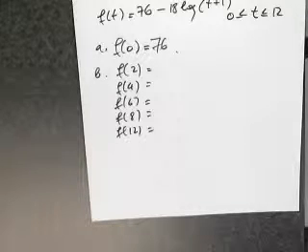And now I go back to second and table. You can punch in 0 again if you have any questions or doubts about that. And then I'm going to put in 2, 4, 6, 8, and 12.